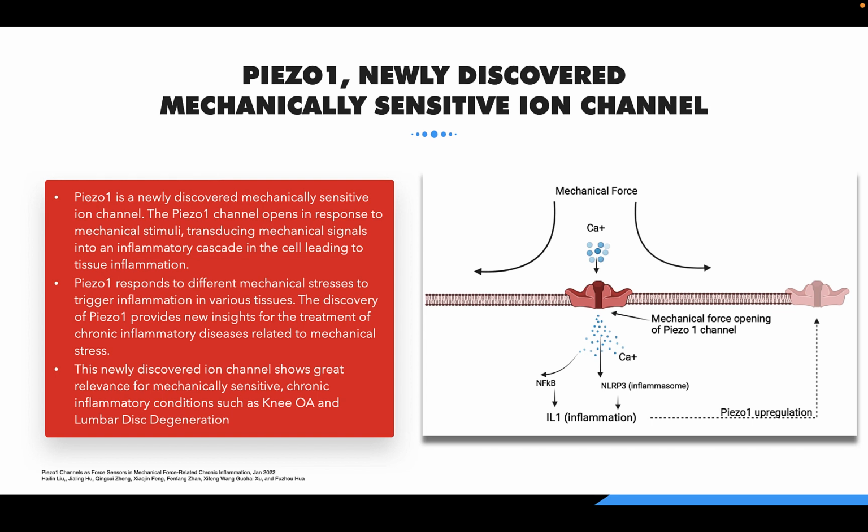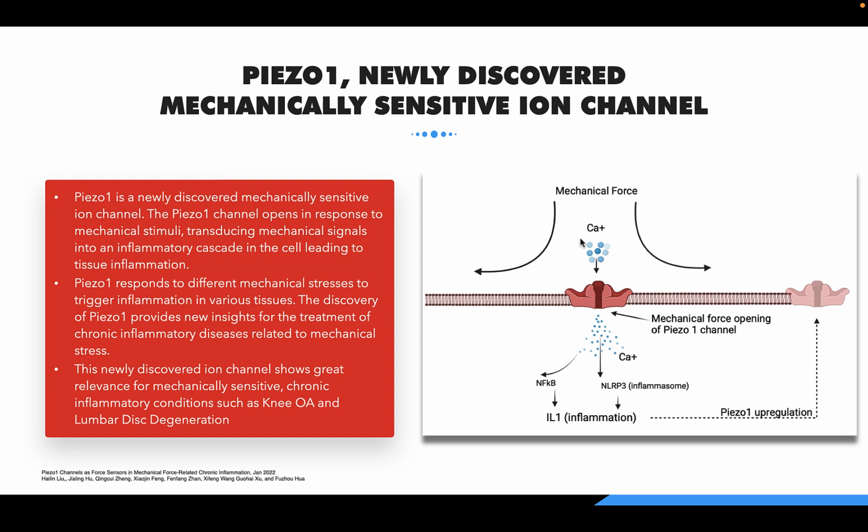Piezo1 responds to different mechanical stresses to trigger inflammation in various tissues. The discovery of Piezo1 provides new insights for the treatment of chronic inflammatory diseases related to mechanical stress. This newly discovered ion channel shows great relevance for mechanically sensitive chronic inflammatory conditions such as knee OA and lumbar disc degeneration.